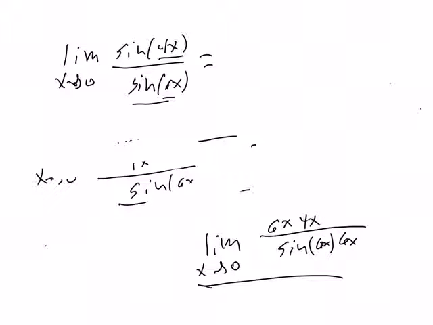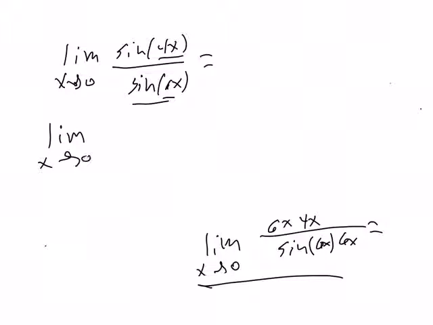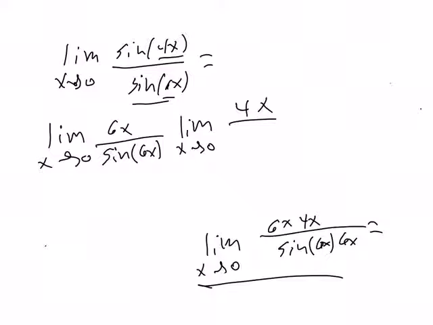Now we are going to break this up again and say that this is going to equal the limit as x goes to 0 of 6x over sine of 6x times the limit as x goes to 0 of 4x over 6x, right?